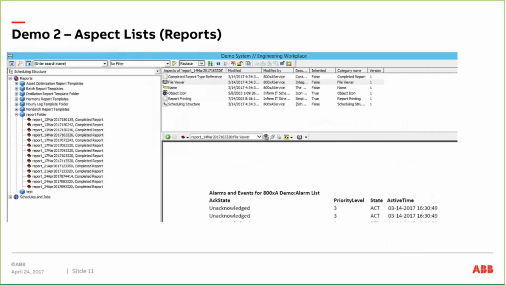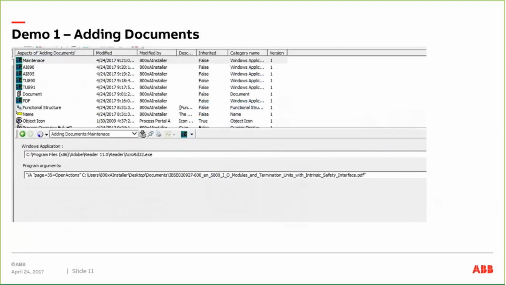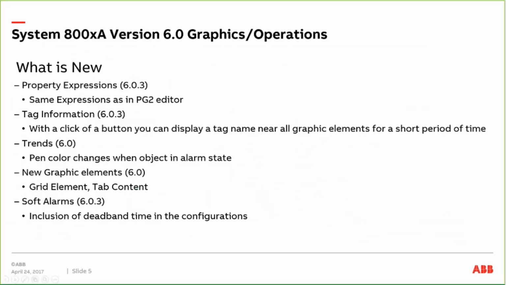I'll go to that page with the new additions. Is that tag information. You can click a button or right-click on the contextual message and say tag information, and it just gives you a tooltip near all the elements to tell you what tag that's assigned with. Because normally we don't clutter up the display with all the tag names because most operators already know what tags they're dealing with, but it can be a quick way, instead of hunting around on a graphic, to pull up all the names.